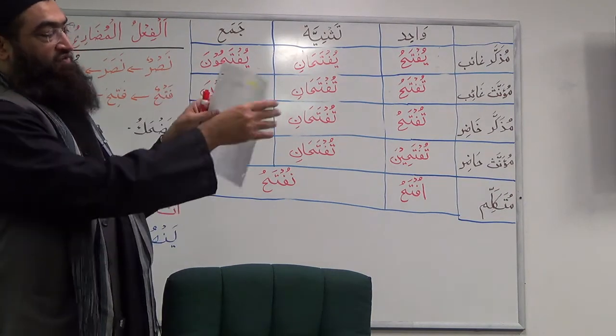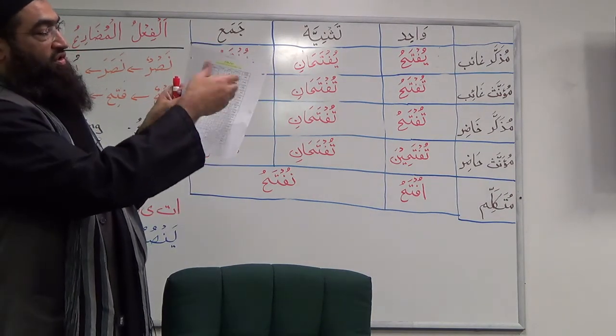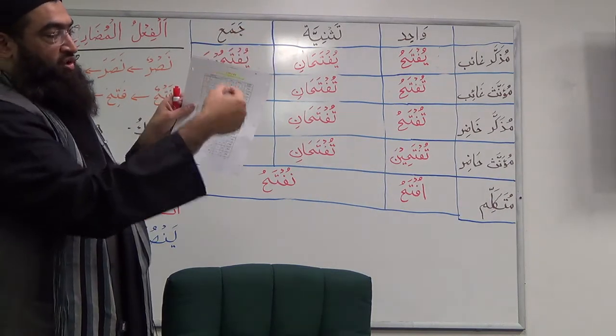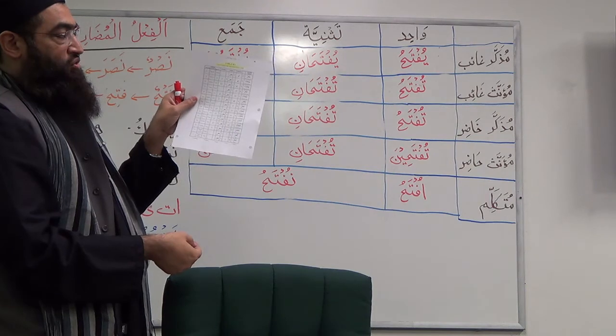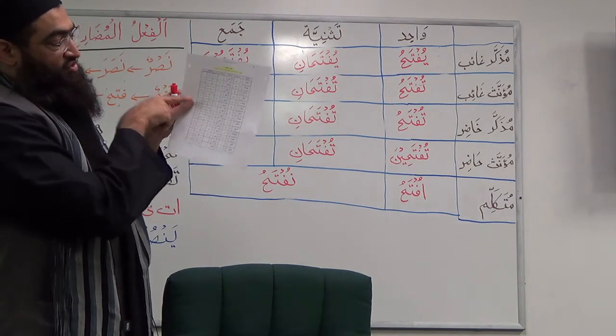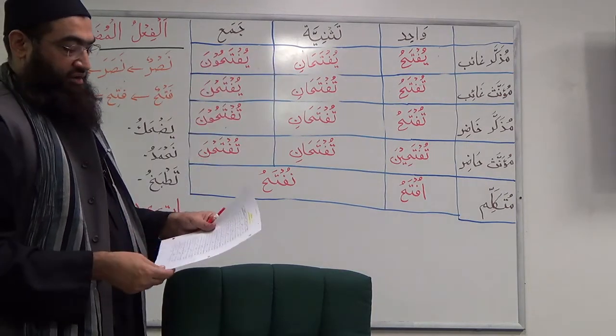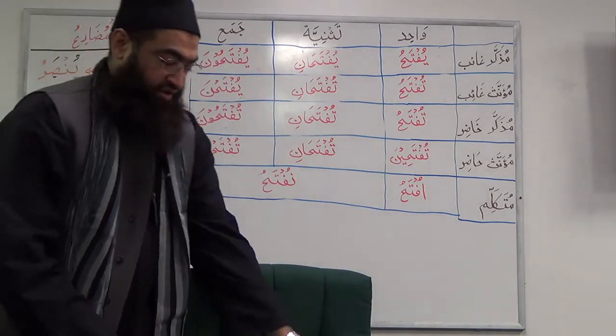And on page 25, it shows the prefix, what you have to join at the beginning of the root letters, and then the suffix, what you have to join at the end of the root letters to make it mudari. So it's very clear in this.